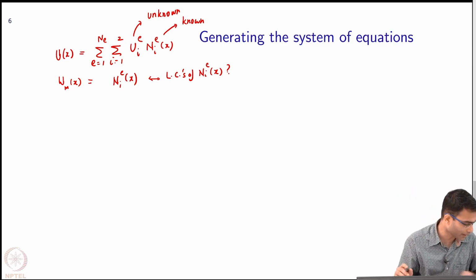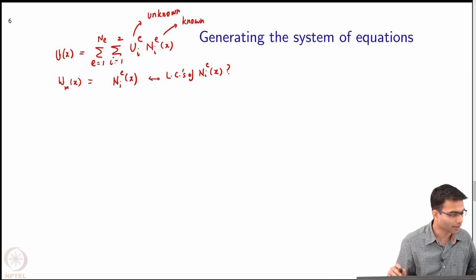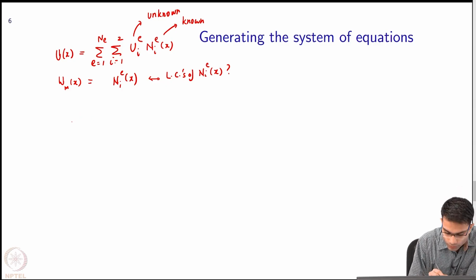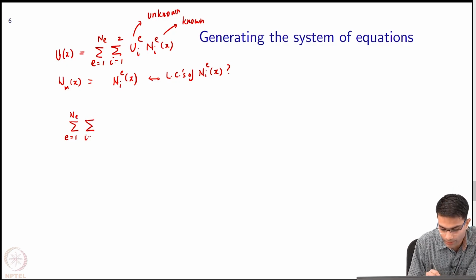Okay. So, we'll write down this weak form now that we have. So, what I'm going to do is substitute U into the weak form. Okay. So, E is equal to 1 to NE, that is the first term. The next term is I is equal to 1 to 2.